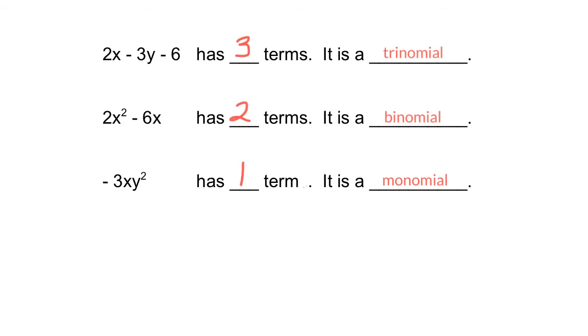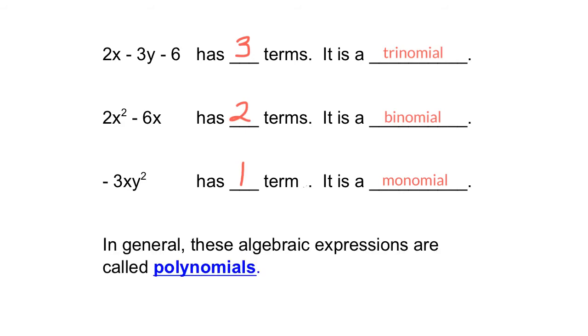Well, just in general, algebraic expressions are called polynomials. So the prefix poly just means many. So basically, if you've got 4 or more terms in your expression, you just call it a 4-term polynomial or a 5-term polynomial.